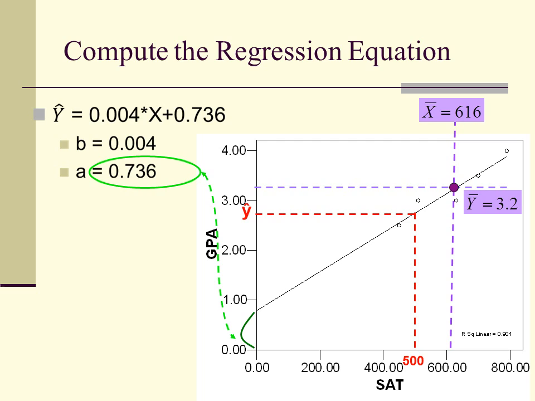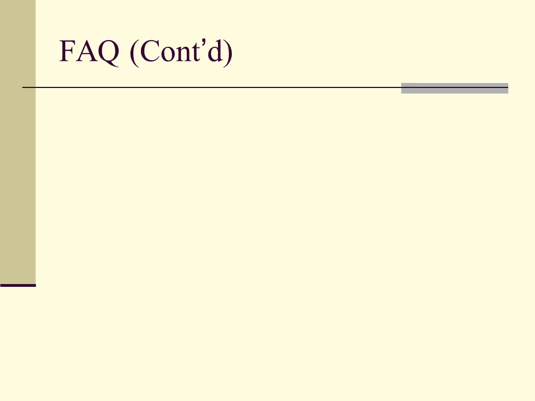Using the equation, predicted y equals 0.004 multiplied by 500 plus 0.736. So we predict this student who scored 500 on the SAT would have a GPA of 2.736. So that's how to compute the regression equation and how to use it.